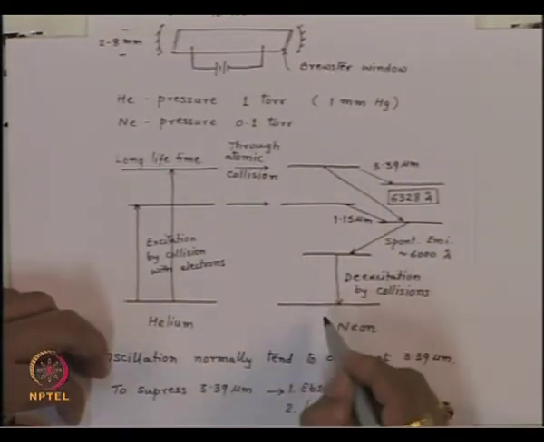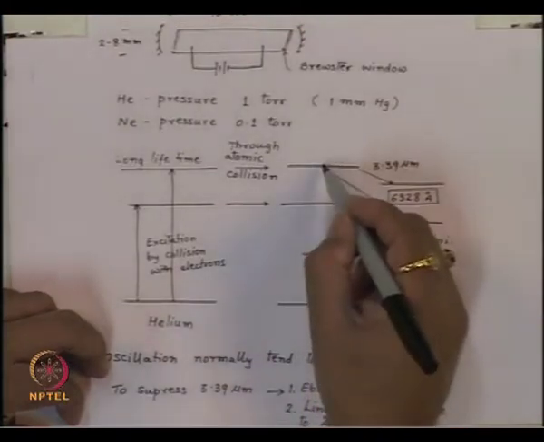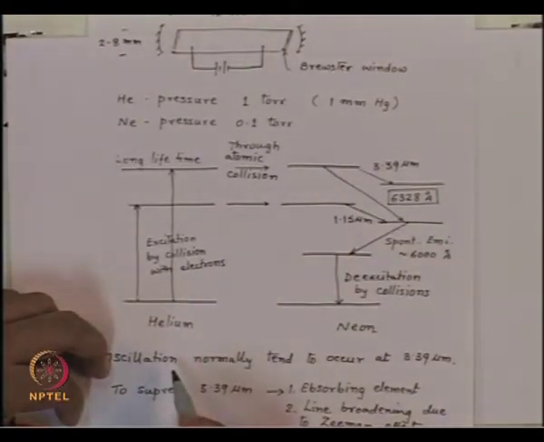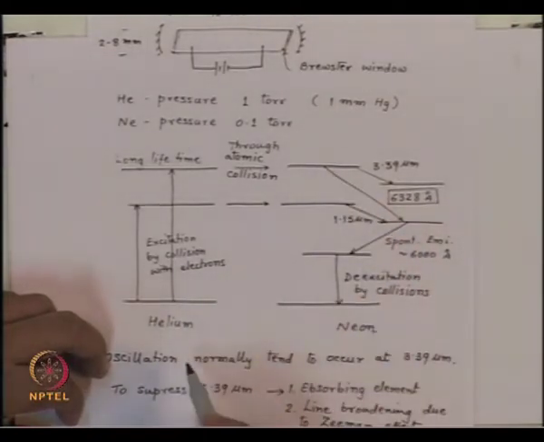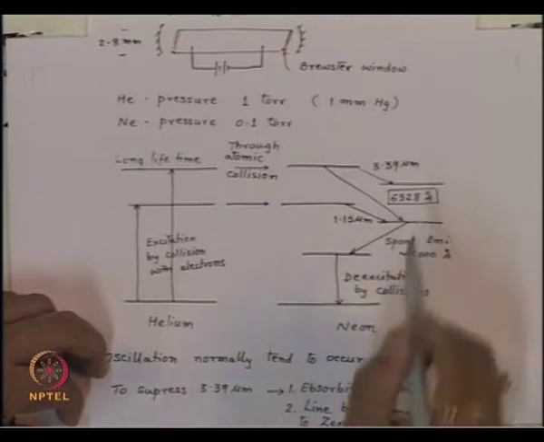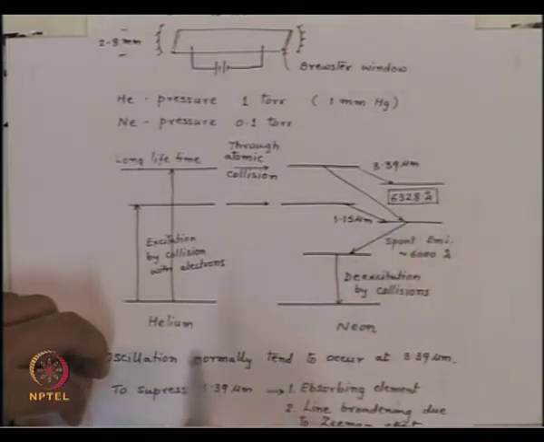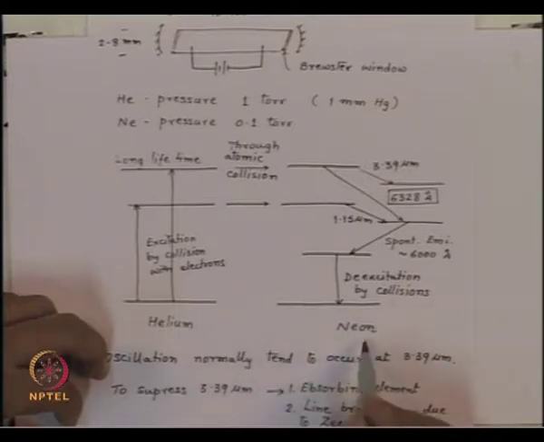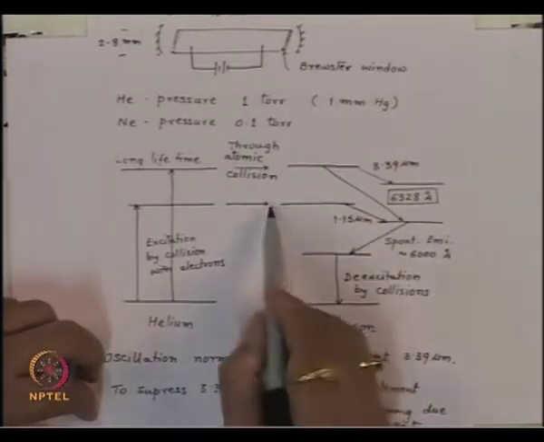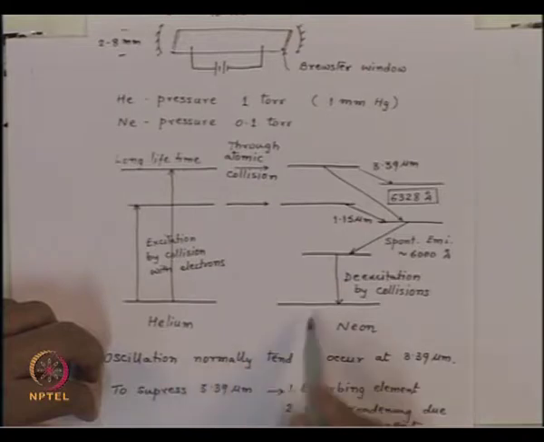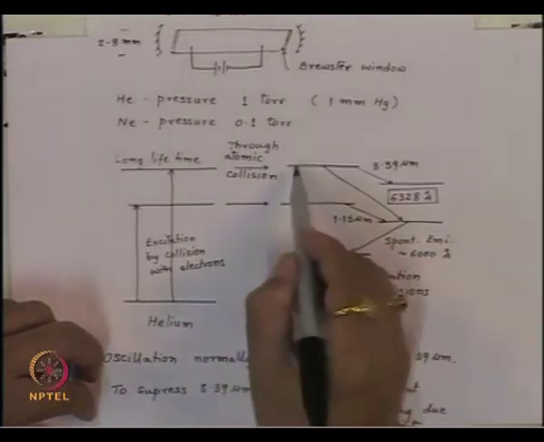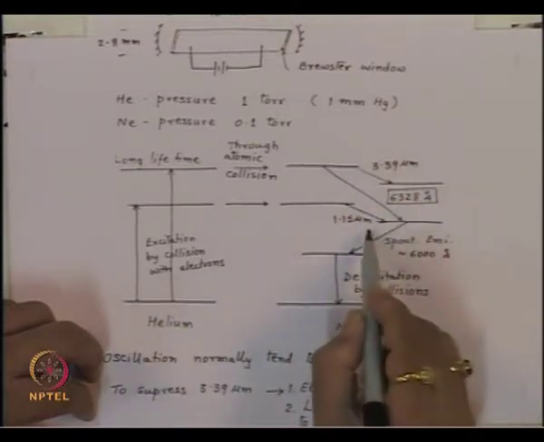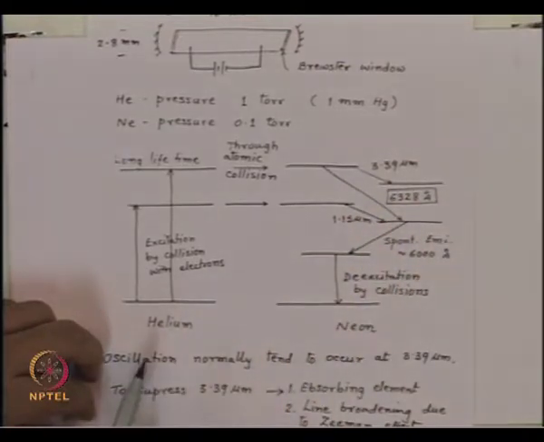So, now we have got the neon atoms which are excited to the higher levels, and by using different transitions of the neon atom we can get the laser in an appropriate wavelength. If you look at the energy level spectrum of neon, it is fairly complex. You are having many energy levels. So, you have a ground state, and then you are having one state here, another here, another here, and so on.